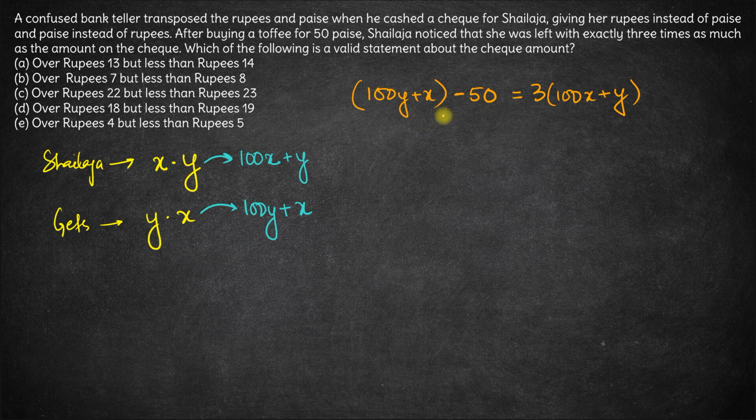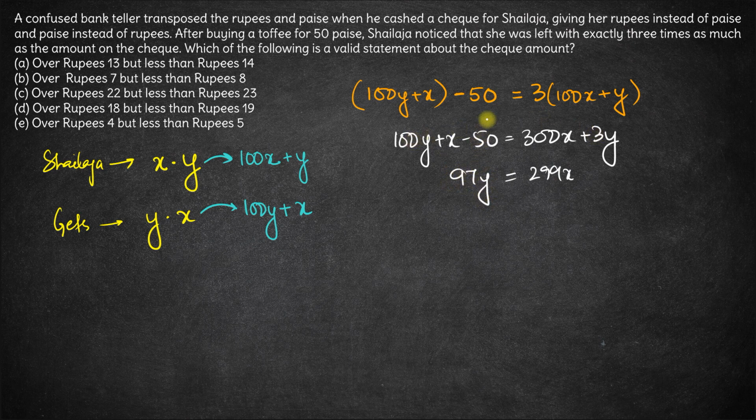Now let's solve this. So we have 100y plus x minus 50 is 300x plus 3y. So we have 300x minus x is 299x, 100y minus 3y is 97y, minus 50 goes that side, becomes plus 50. So y here comes out to be 299x plus 50 upon 97.